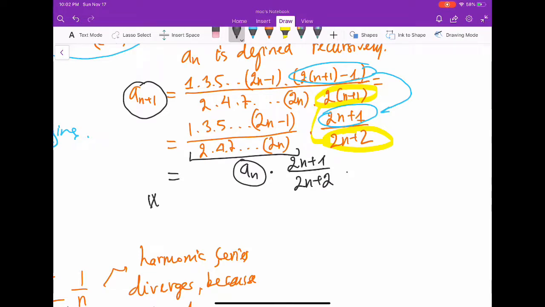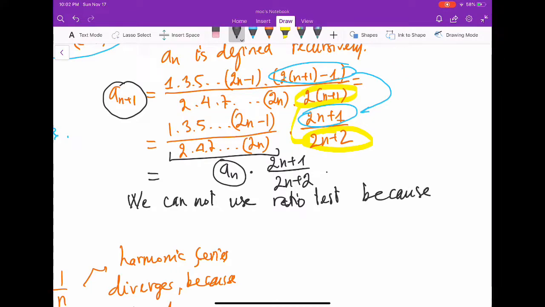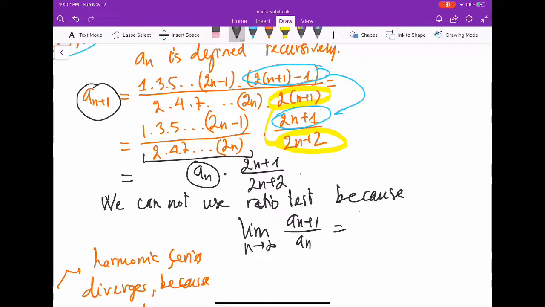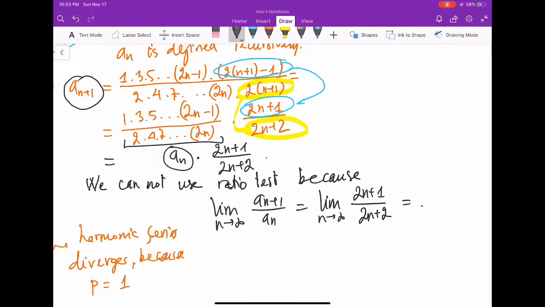We cannot use ratio test because the limit of an plus 1 over an when n approaches infinity is equal to the limit of 2n plus 1 over 2n plus 2 when n approaches infinity, and this limit is obviously equal to 1. You see? So when the ratio has limit equal to 1, we cannot make any decision.